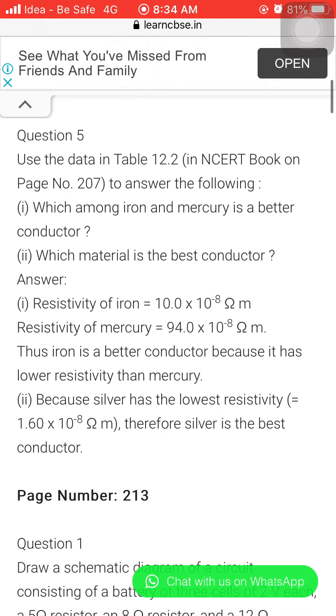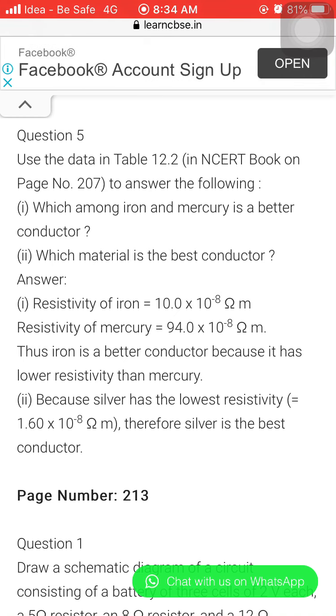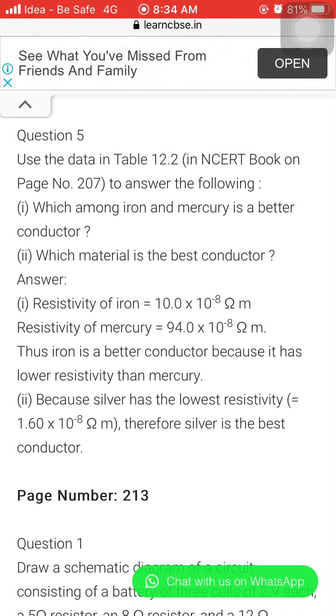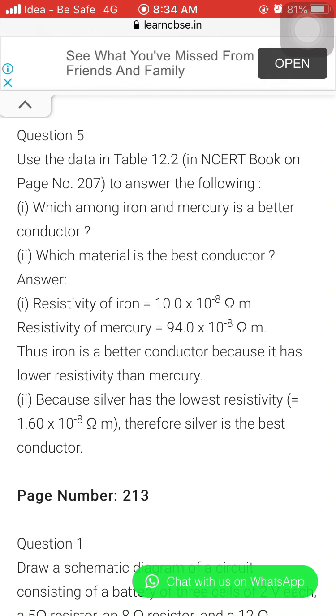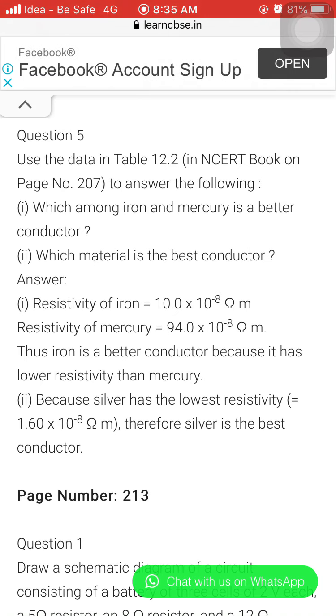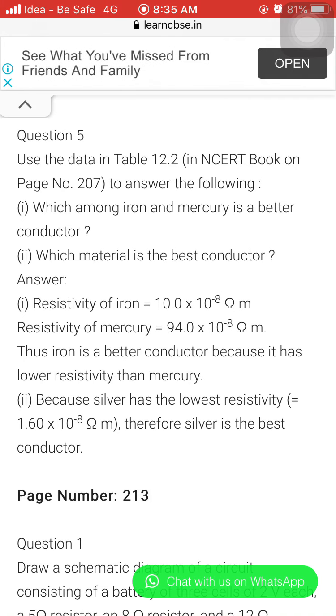Now next question we have: use the data in table 12.2 in the NCERT book on page number 207 to answer the following questions. You can refer to the data and answer the questions based on that. Which among iron and mercury is a better conductor? We can compare the resistivity. Iron is given as 10 into 10 to the power minus 8 ohm meter, whereas mercury is 94 into 10 to the power minus 8 ohm meter.